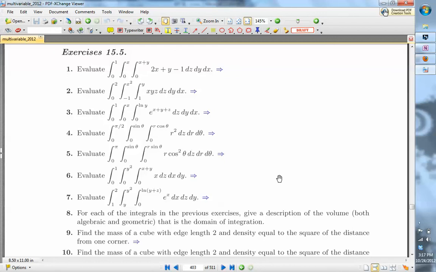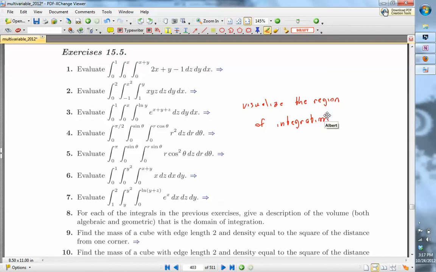I thought, especially if some of you are struggling with visualizing these things and struggling with how to set these things up, one thing that you might add to this would be to, and let me just put a note here, visualize the region of integration. You're not asked to do that in these problems. These problems are very straightforward.